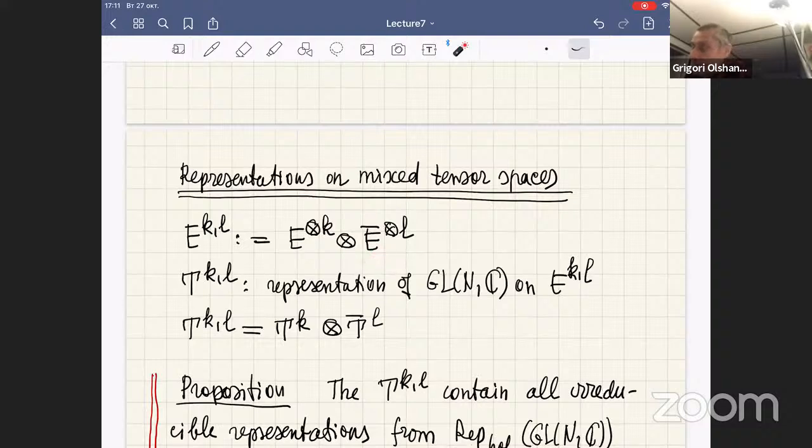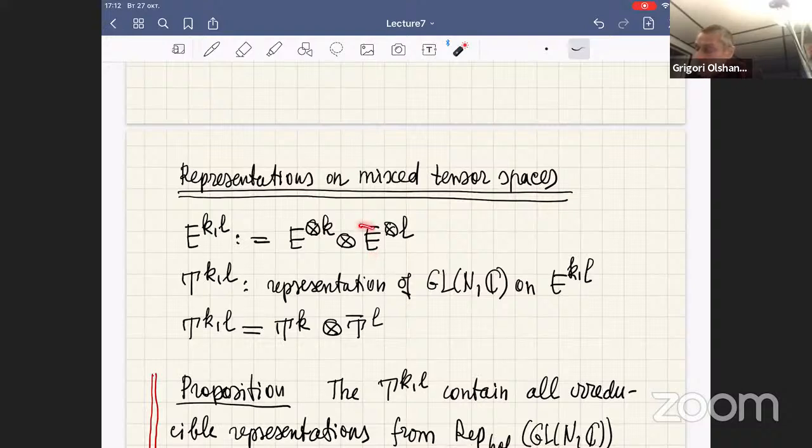This is the space E bar, which just means the space of linear functionals on E. And the next definition, which is equivalent, if you are dealing with representations of a unitary group, that is, if you equip this space with its canonical inner product, the scalar product, then the space of linear functionals can be identified in a canonical way with the same space, but with the conjugate complex structure, meaning that the multiplication by a complex number is given by the multiplication by the conjugate complex number.